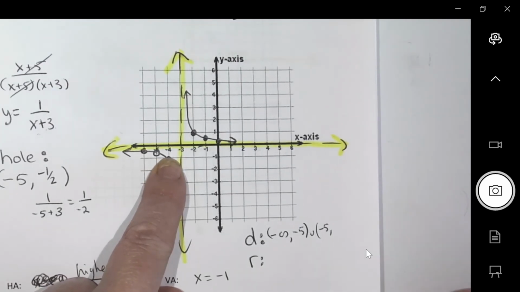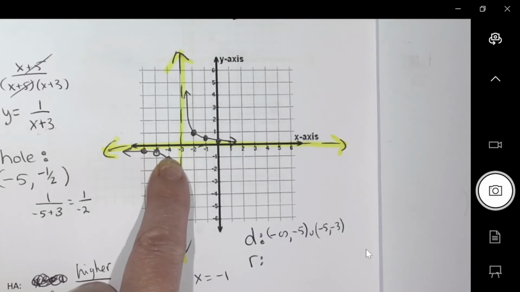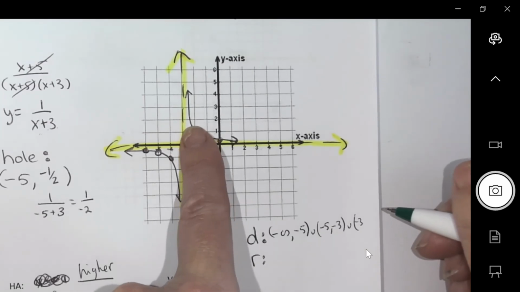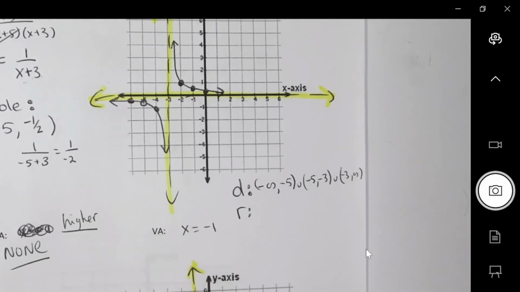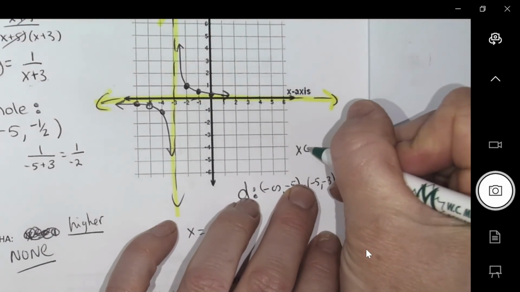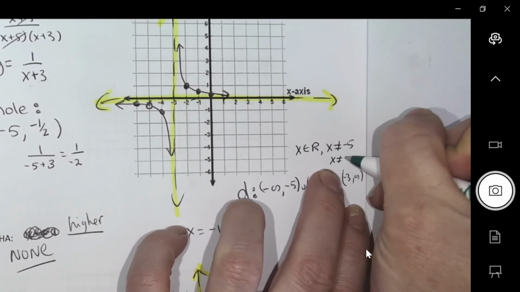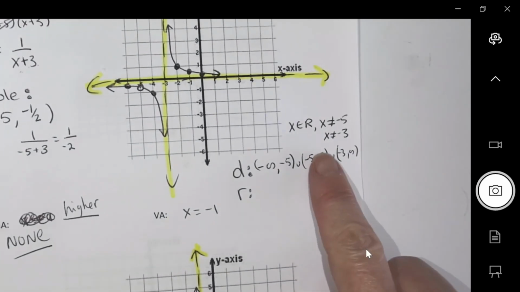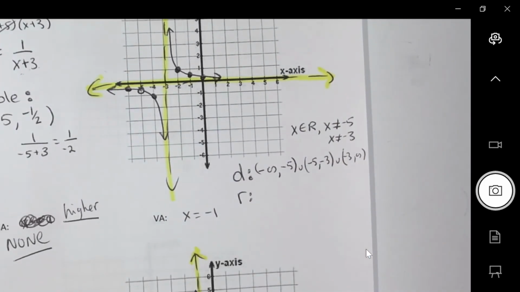Oh, there's another x value I have to skip over: -3, round brackets. Then what? I can continue again, -3 to infinity. This is another way I could have written it: x can be any real number except for -5 or -3.